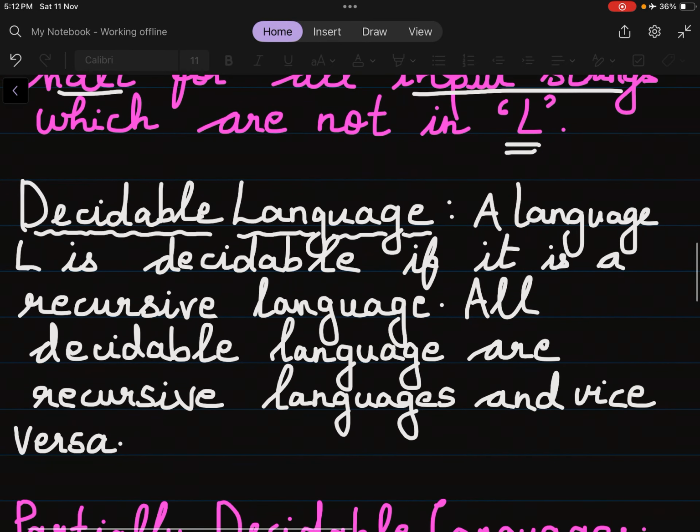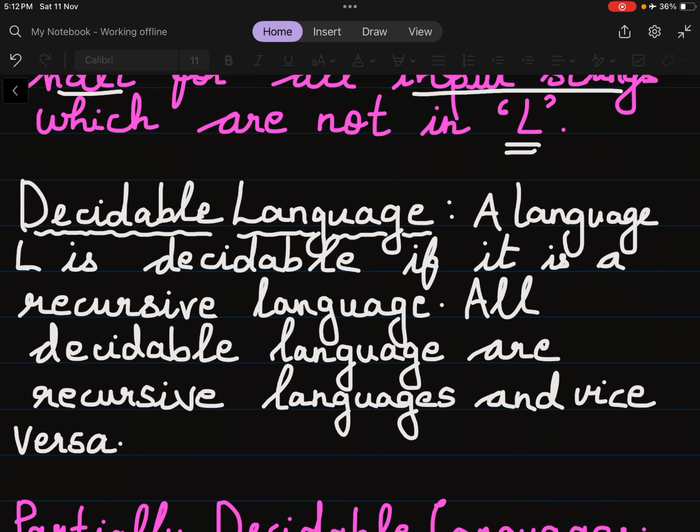So what is a decidable language? A language L is decidable if it is a recursive language. What do you mean by a recursive language? For a recursive language, the Turing machine will always halt, irrespective of whether the string is accepted or rejected. For a recursive language, it is accept and halt or reject and halt.